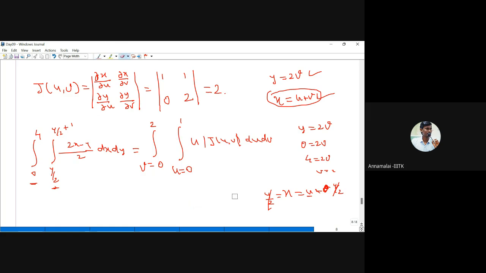We can take 2 outside and then integrate with respect to u and then with respect to v. So 2 times the integral from 0 to 2 of u square by 2 from 0 to 1, dv. So you get 1 by 2. Again, taking 1 by 2 outside, the 2 cancels, and we integrate dv to get v, and then 2 minus 0 is 2.